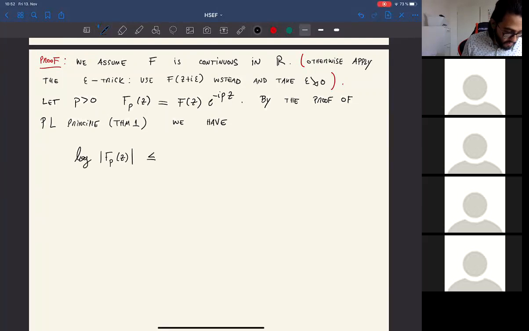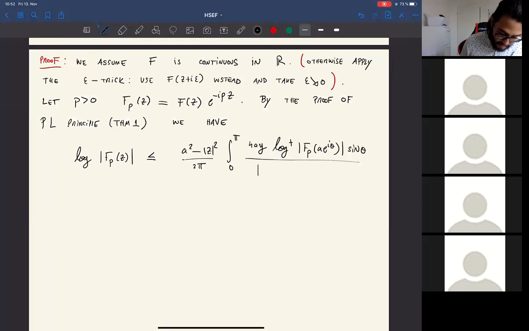So this was less or equal than (a squared minus z squared) over 2π, integral from 0 to π for a, then we had the log plus here, of |F_p(ae^(iθ))|, sine θ. And then here we had |ae^(iθ) minus z| squared, and then |ae^(-iθ) minus z|, that's squared, yes, and then dθ. That was the inequality that we proved whenever I start with a function which is less or equal than 1 in the upper half plane.